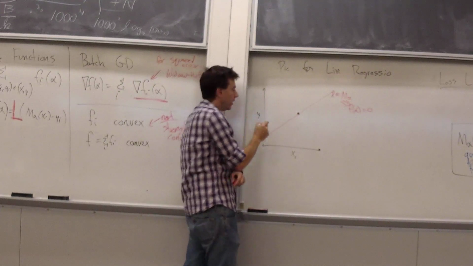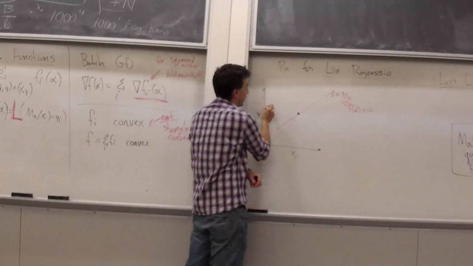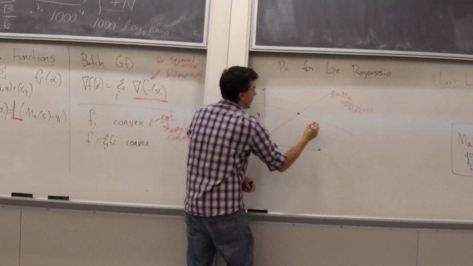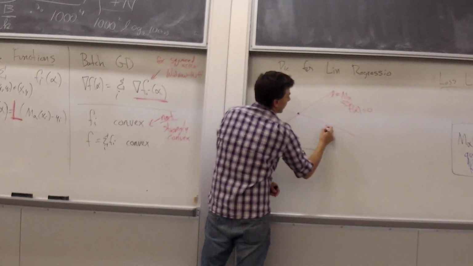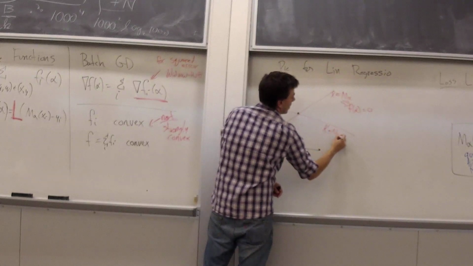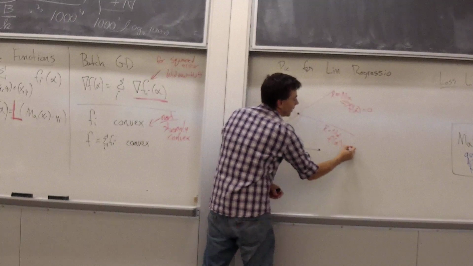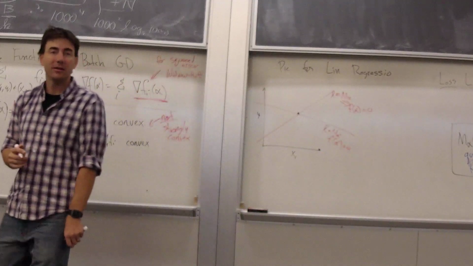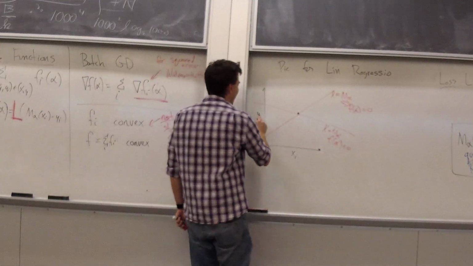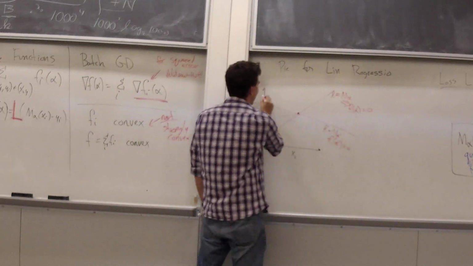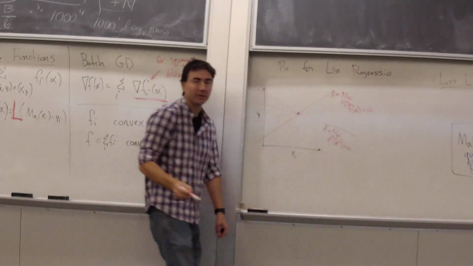Okay? But this line does too. L prime, right? I'm also going to have f of alpha prime equals 0. And in fact, that's going to be true for any line that goes through this data point.